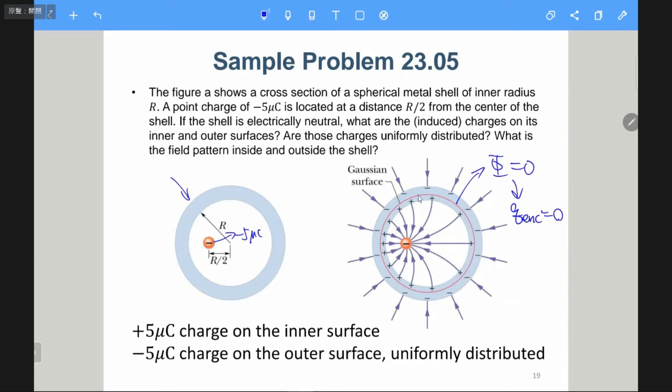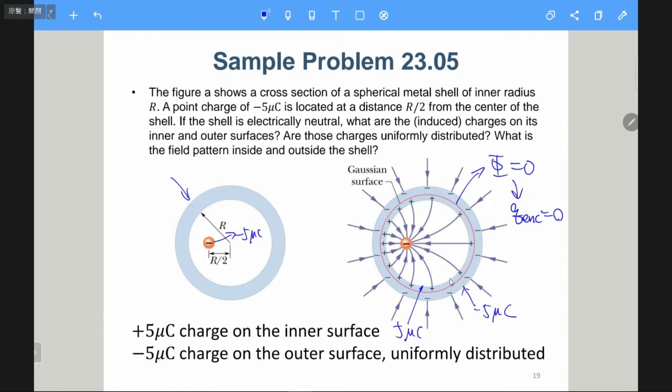However, the total charge for this sphere should be zero, which means that it will also induce a negative charge on the outer surface. So we will have negative 5 microcoulomb here, plus 5 microcoulomb for the inner surface.